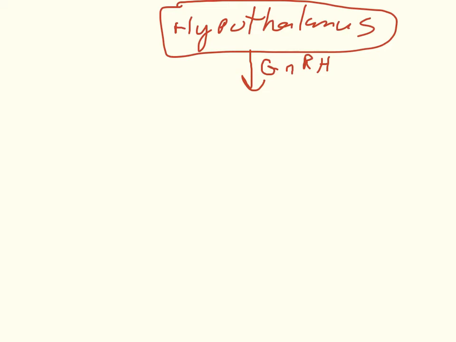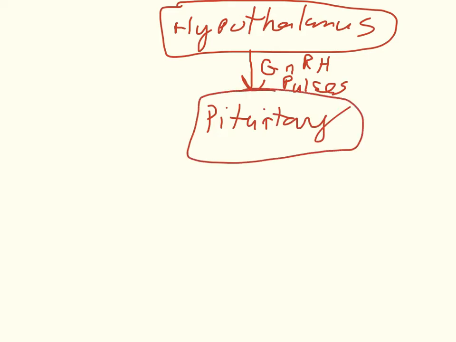It's also important to know that the gonadotropin releasing hormone is secreted in natural pulses, and so that's going to act on the pituitary. Specifically, it's going to act on the anterior pituitary. So this is the anterior pituitary. I'll put an A and T right here so you remember it's anterior.